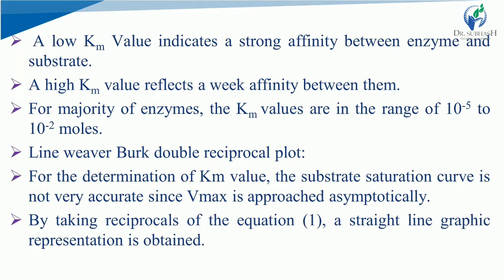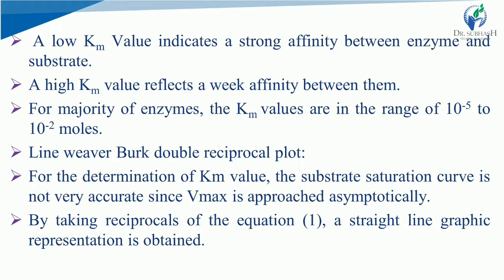By taking reciprocals of equation 1, a straight line graphic representation is obtained. Equation 1 is the first equation that I showed you in enzyme kinetics: E plus S first makes a complex ES, and then it gives us a product E plus P. You can go back to the video where enzyme kinetics was the heading.